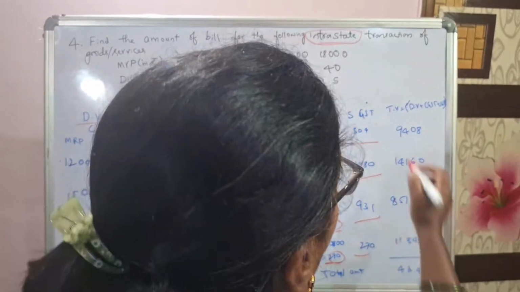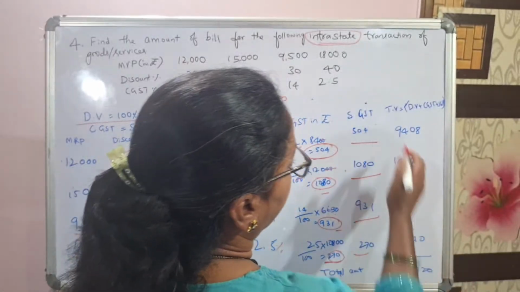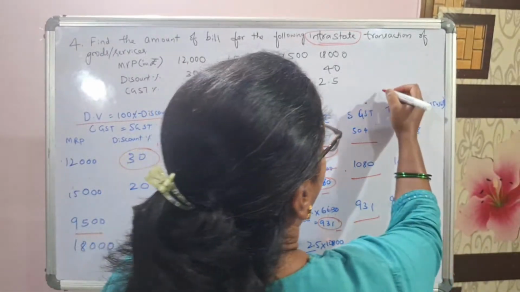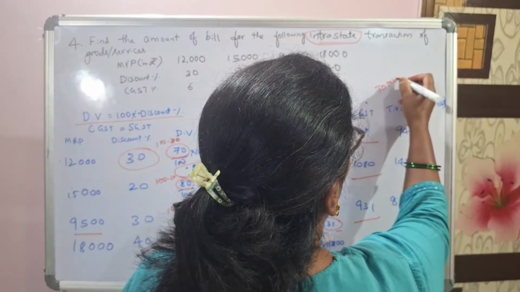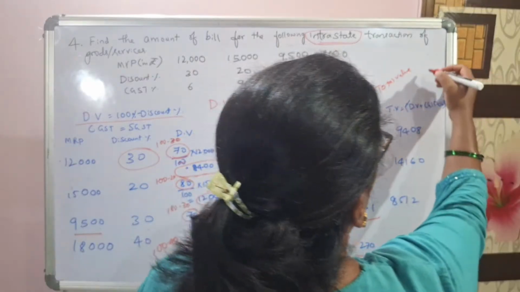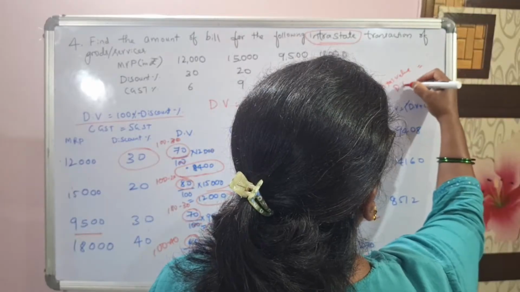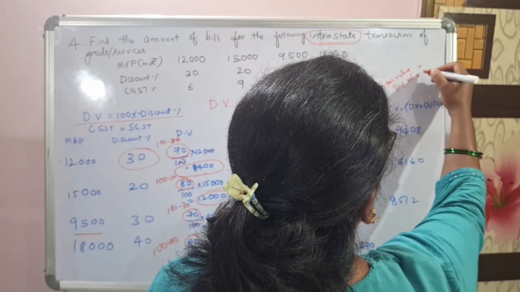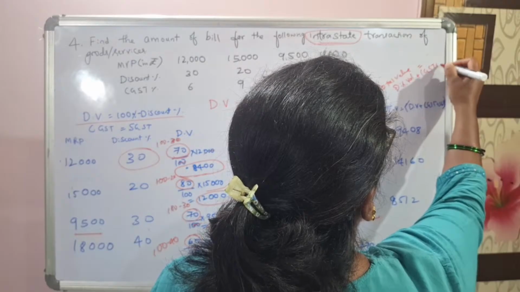In the last step, we have to calculate the total value. So total value is equal to discount value plus CGST plus SGST.